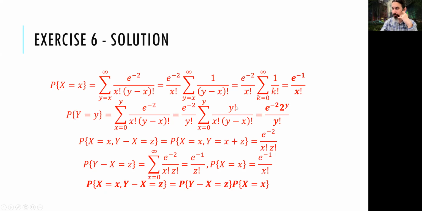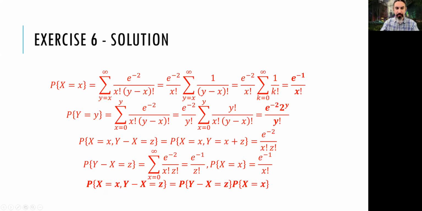So I can see this value, which is the binomial summation from 0 to y, and this is actually equal to 2 to the power of y. This is the number of subsets. You can just find this if you keep digging, but this is actually the number of subsets, which is 2 to the power of y. And I also have these two values over here, so I add them together. I can see that the marginal PMF of y is e to the power of minus 2 times 2 to the power of y over y factorial.